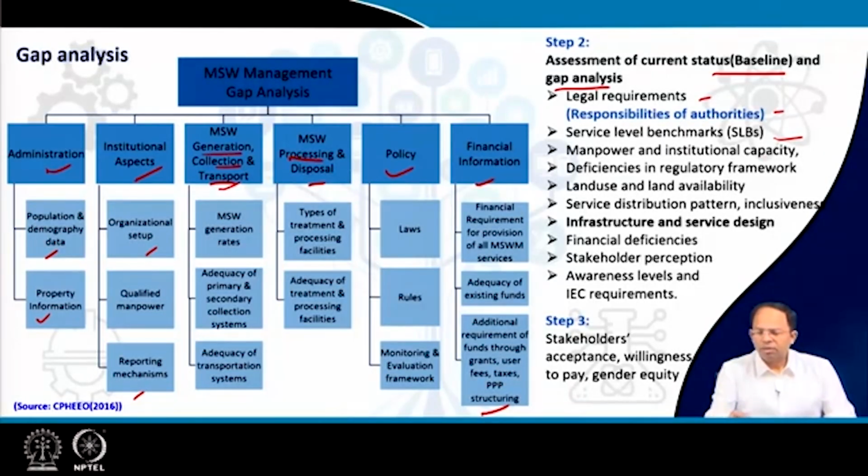Manpower and institutional capacity, deficiencies in the regulatory framework, land use and land availability in future. Service distribution pattern, which is part of infrastructure and service design: how is the service distributed currently? Is it inclusive? Does it consider all income groups and all zones of the city?